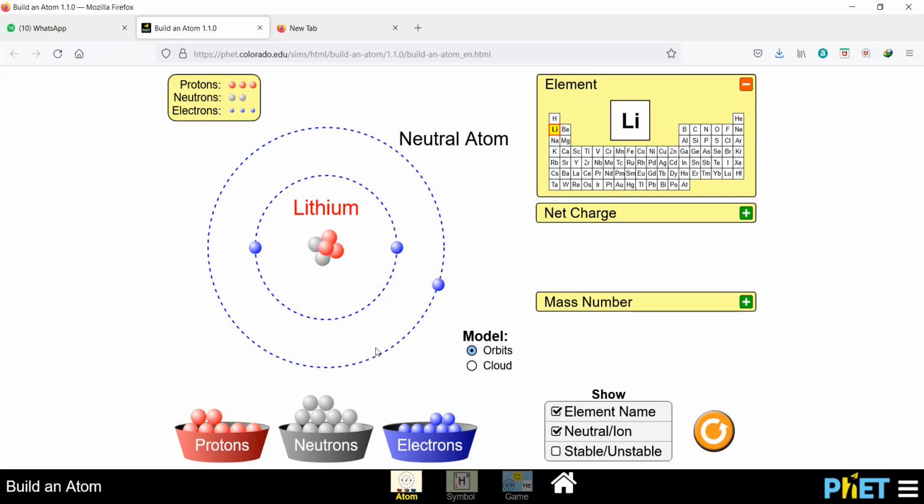If the last energy level has 7 electrons, it will gain 1 electron from another element. But this element already has one.